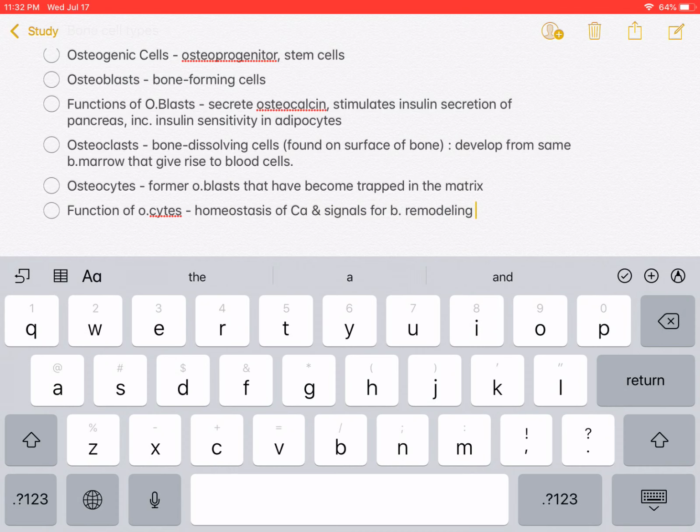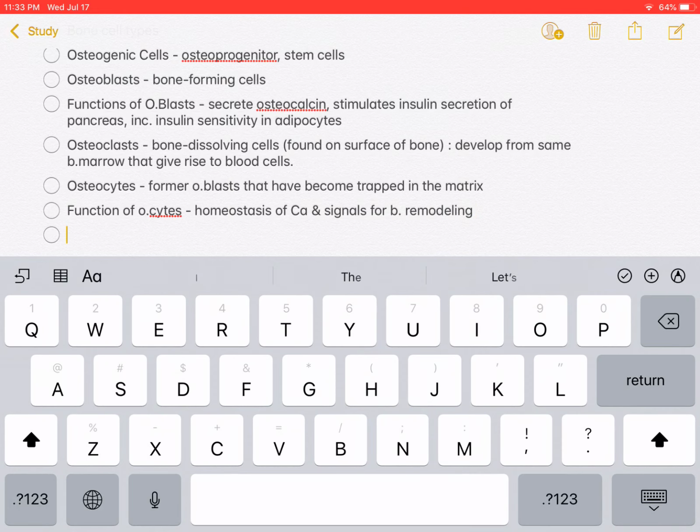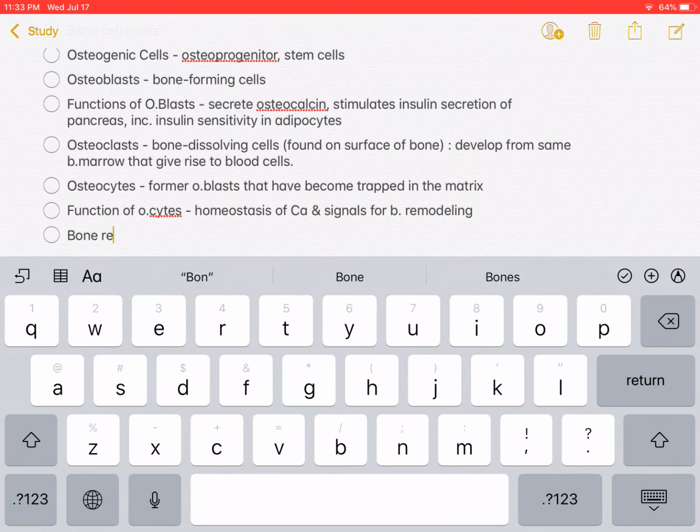Now, what is bone remodeling? It's a process of bone building from the osteoblast and bone, I would say, I don't want to say consumption, but it's like bone dissolving from osteoclast. So if somebody asks what is bone remodeling, it's just like a cycle, but not really a cycle.